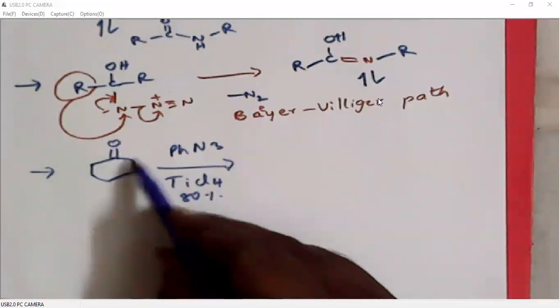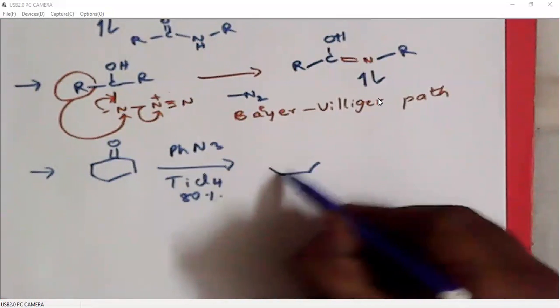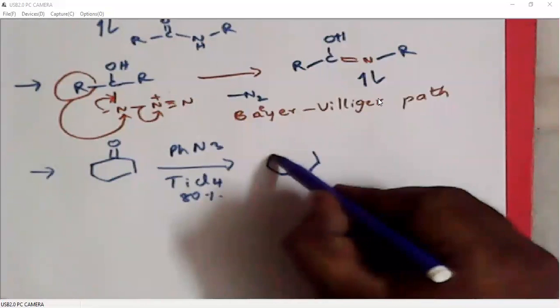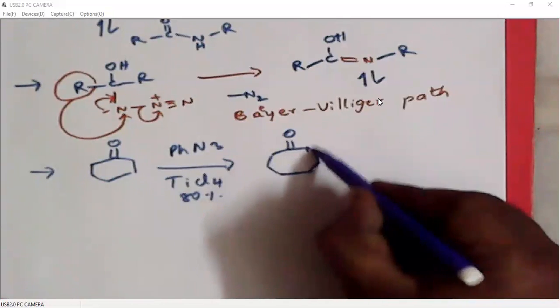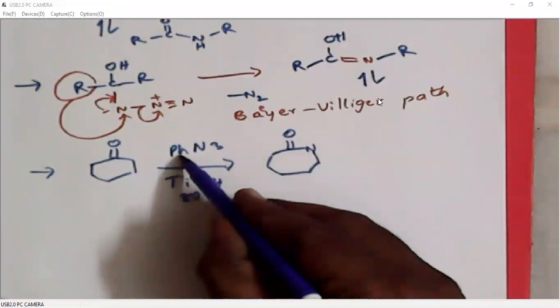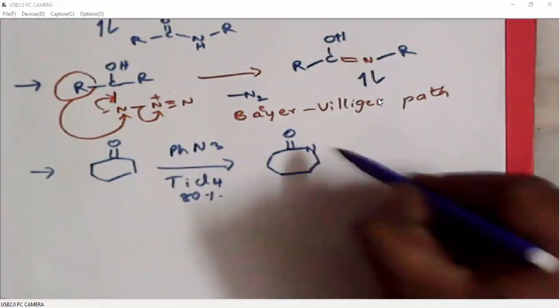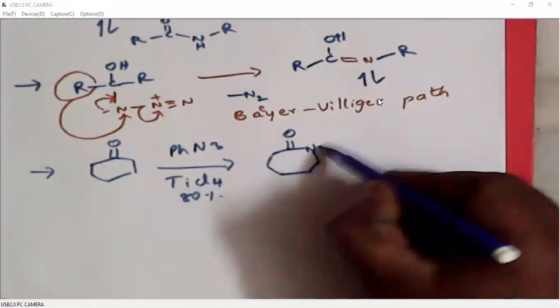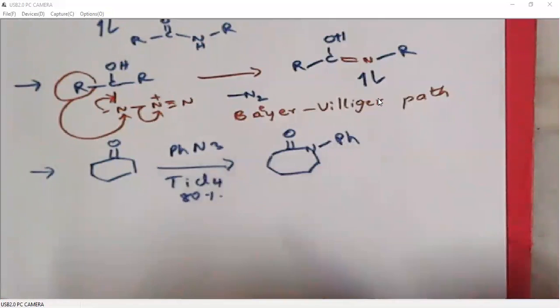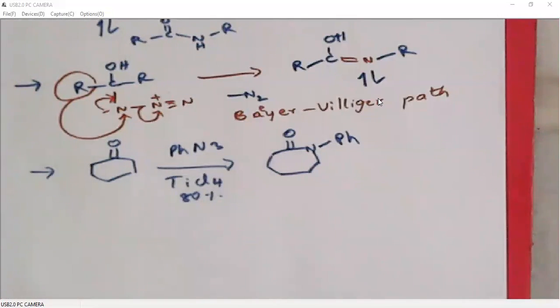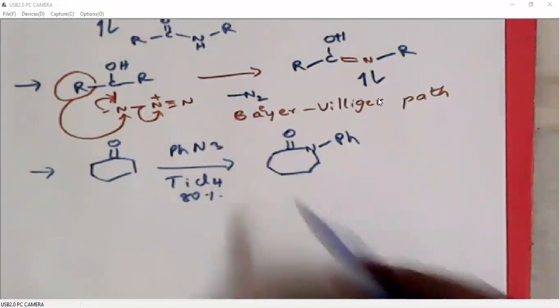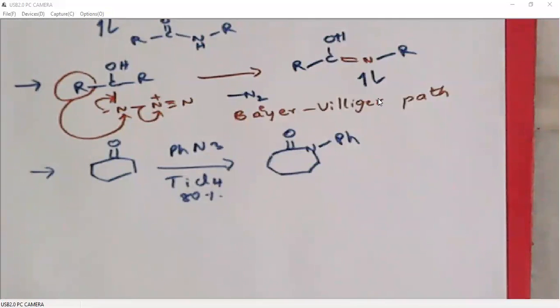Here one of the alkyl groups migrates, so what we will get is cyclic lactams, and we have a Ph group here, so that will also be there. Cyclic amides are called lactams.